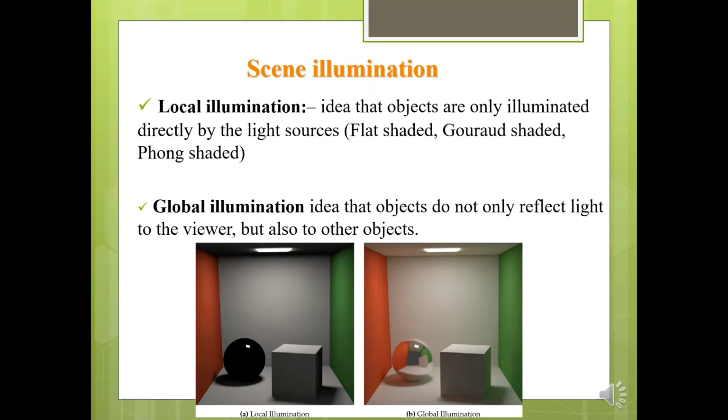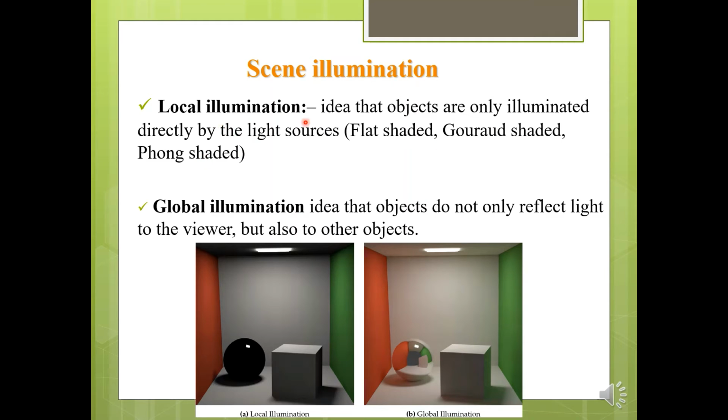Let's look into the differences between local illumination and global illumination. So what is local illumination? Local illumination is the idea that objects are only illuminated directly by the light source. For example, the shading models that use local illumination are flat shaded, Gouraud shaded, and also Phong shaded.